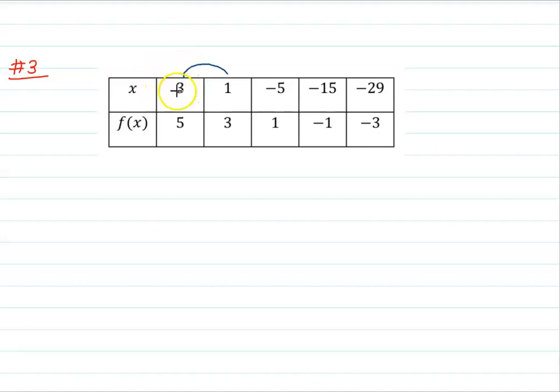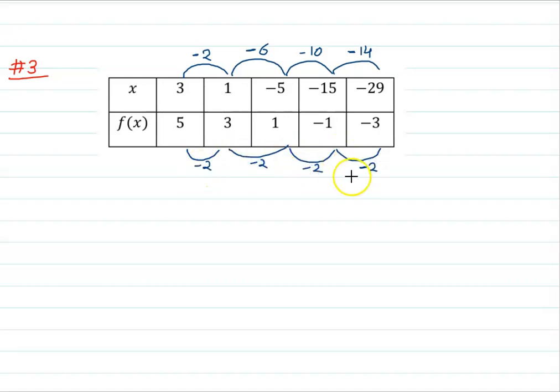Here the difference between 3 and 1 is 2. Then the difference in y values is every time -2. It's a constant. Here we observe that the x differences are not the basic odd numbers starting from 1, but they are multiples of 2.